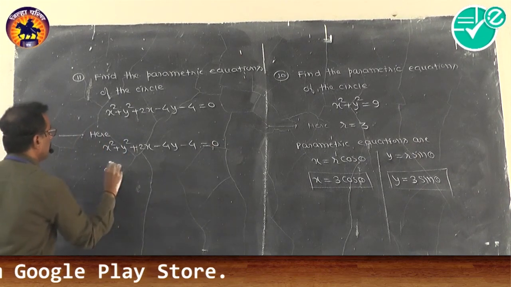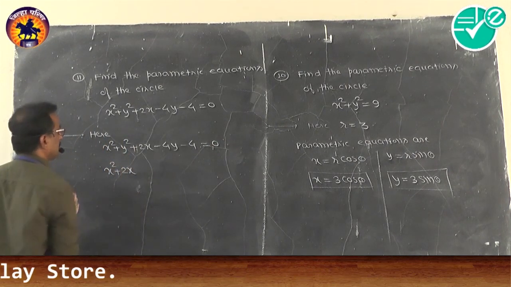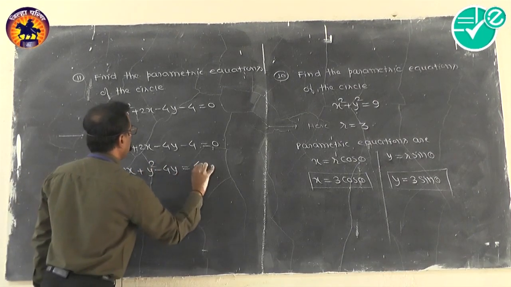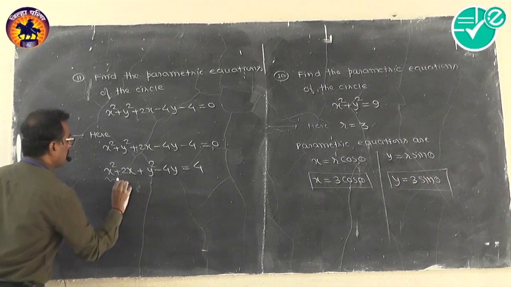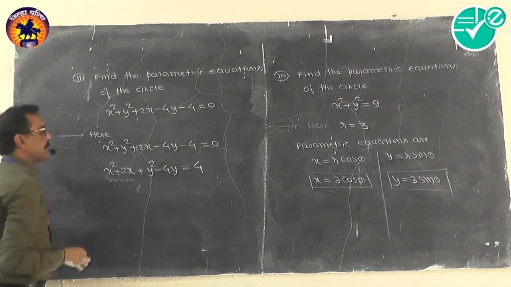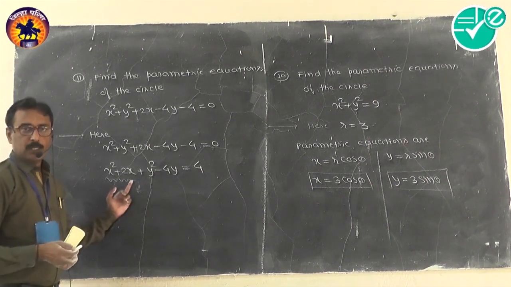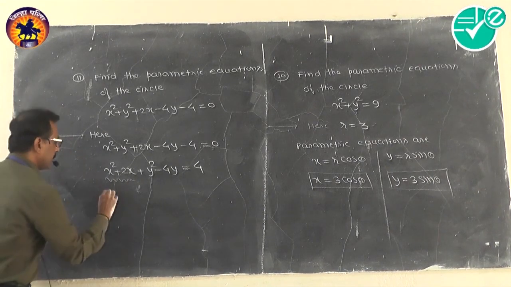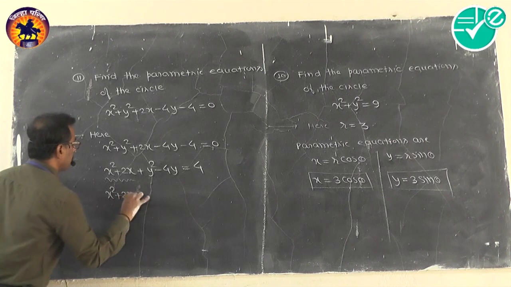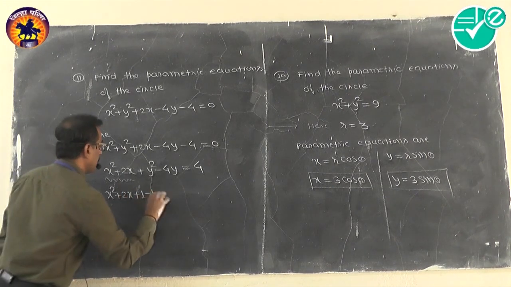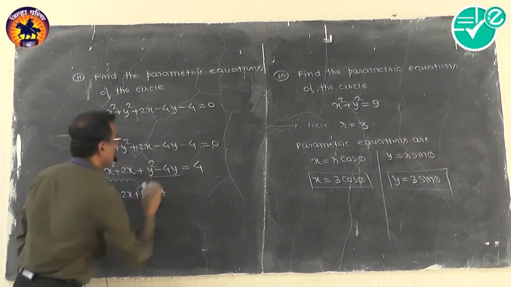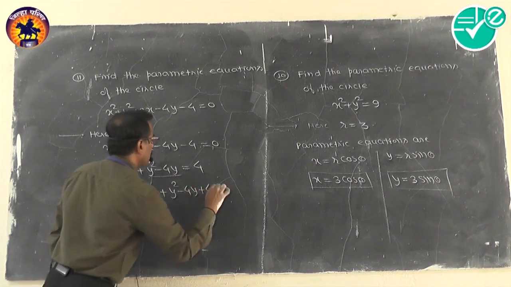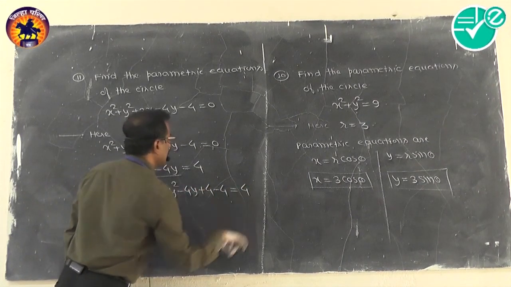Now we will take x terms first, x square plus 2x, then y terms, y square minus 4y, and this 4 is taken on the right. Which quantity is added in order to get a perfect square? We have to add 1. So 1 is added here, 1 is subtracted, plus y square minus 4y, add 4, subtract 4, and is equal to 4.